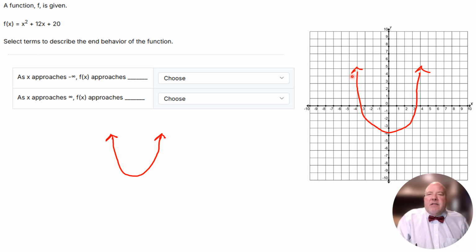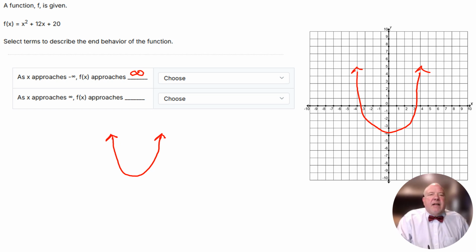And actually, since there's an arrow here, this is going to keep going up forever. And so that means that it is going to approach infinity. So let me write that down. On the actual test, you would just click the choose button and select infinity. So there's my infinity symbol.